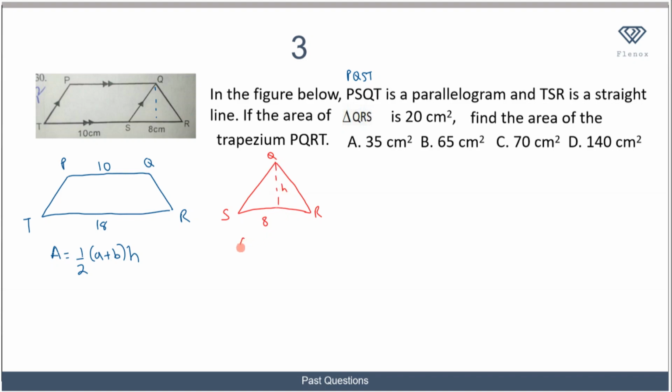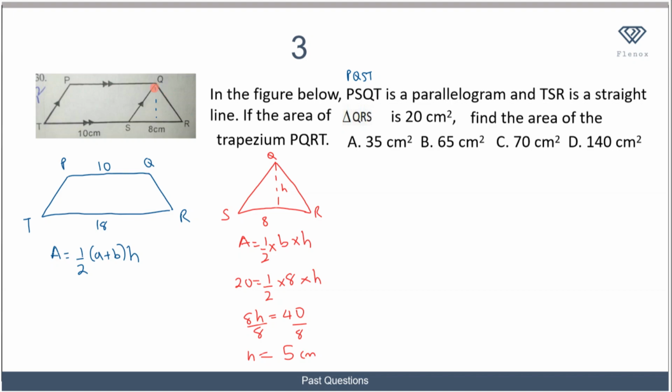Now I know that the area of a triangle is half times base times height, and I've been told that the area of this triangle is 20, and the base is 8, so times 8, and the height is h. So when I cross multiply, I have 8h equals 40. So if I divide both sides by 8, I have my height equal to 5 cm.